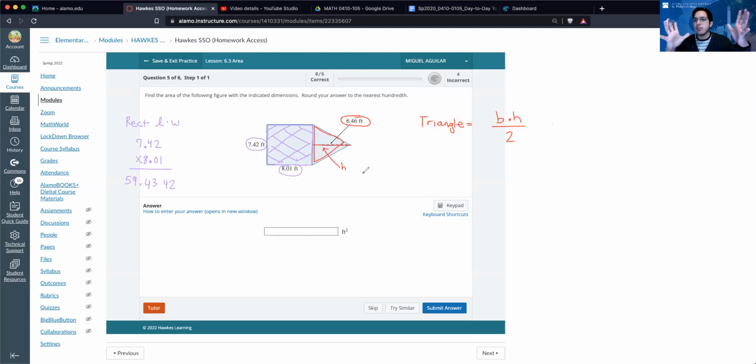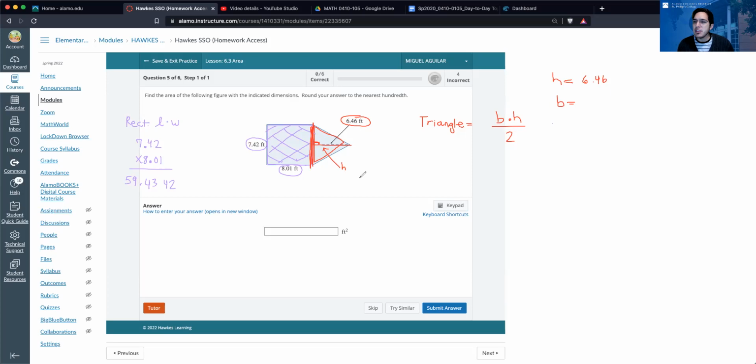So the triangle is sort of flipped onto its side, but that dashed line on the triangle will always give you the height. So if we know that the height of the triangle is 6.46, then we need the base of the triangle. And I mentioned that the base of the triangle is usually the one that's perpendicular to the height. So really it's this side over here of that triangle.